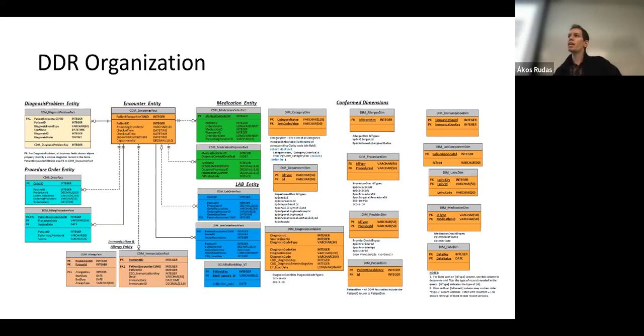Did the patient have an encounter with the medical system? That's an event. Did the physician prescribe some medication? The prescription is an event. Was the person hospitalized? It's an event. And then we have the dimension tables, which contain the properties of the participants of these events.